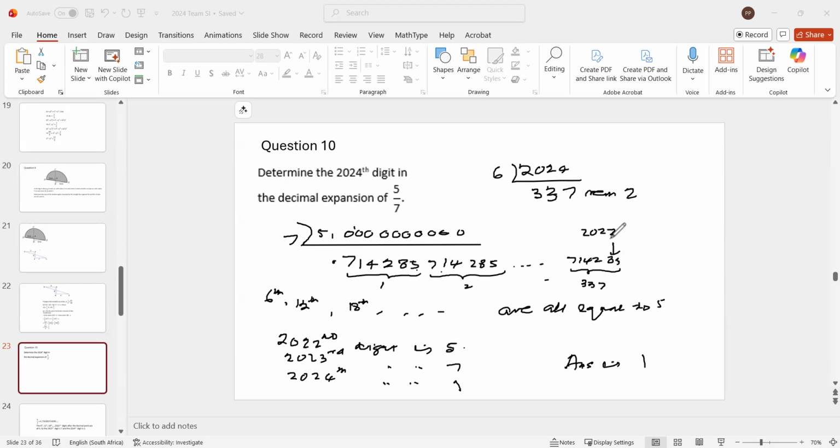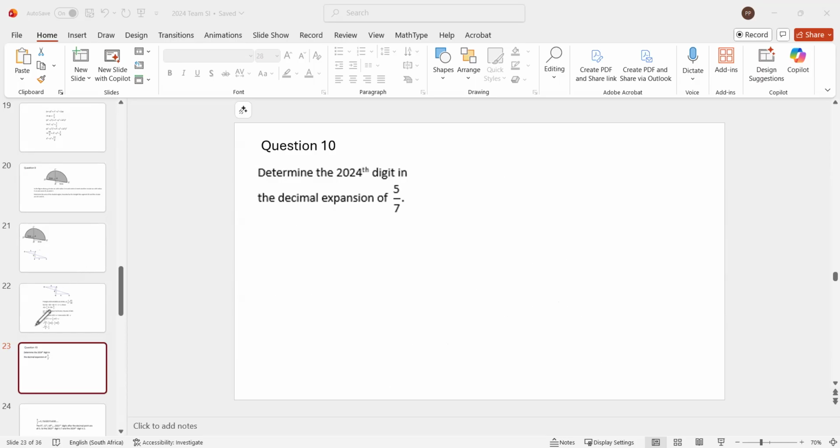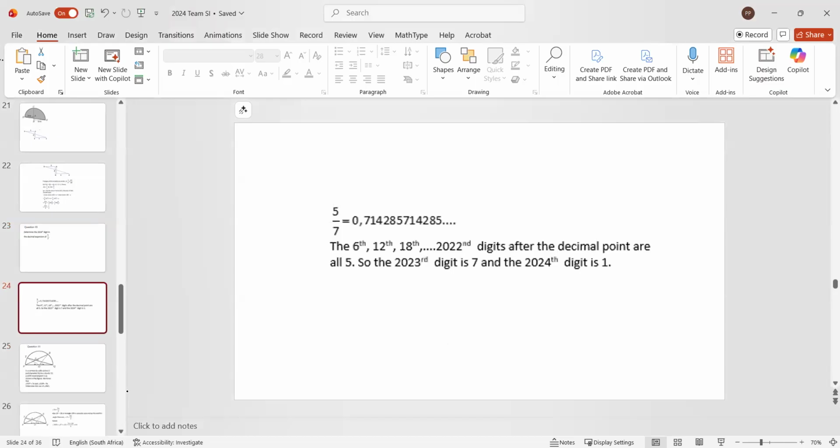And that is the 2022nd space. So that allows you to work out the answer. Let's just check to see. Oh, okay. I did this thing very quickly, and the answer is 1, as you can see.